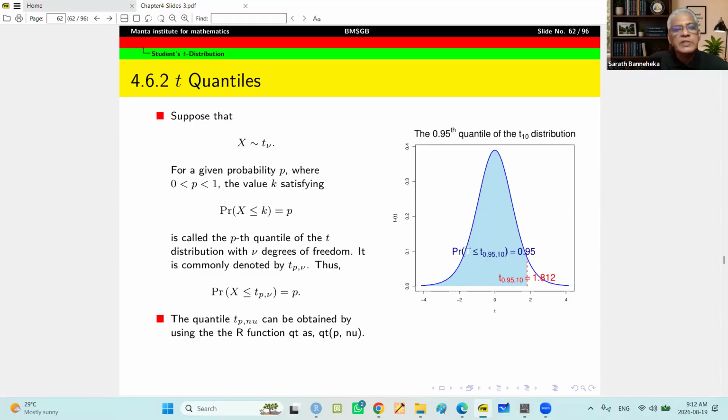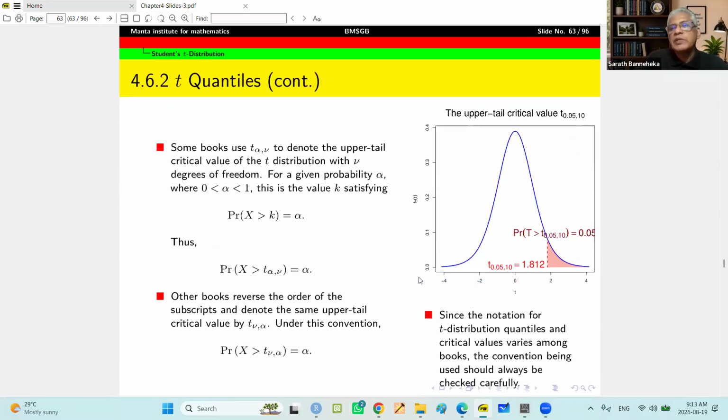Sometimes people use T to denote the random variable with the T distribution, and I was also using that, and I forgot to change it when I drew the graph. That's why T is appearing there, but according to this notation, it should be X. The probability X less than or equal to this quantity will be equal to 0.95. Okay, so that is one way of denoting the pth quantile.